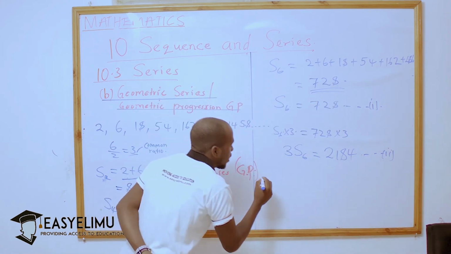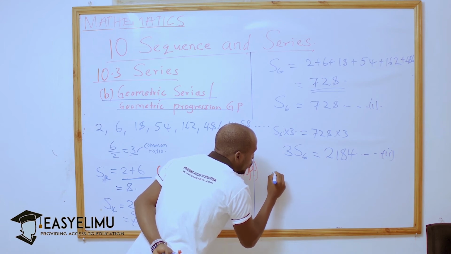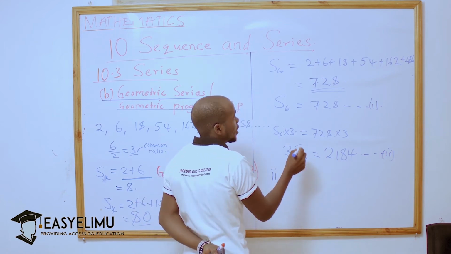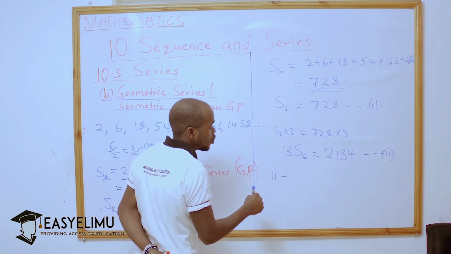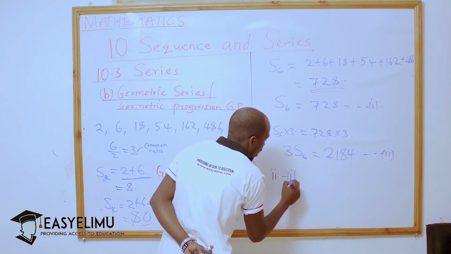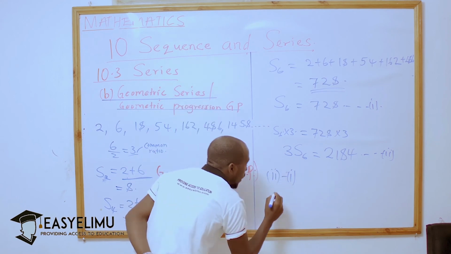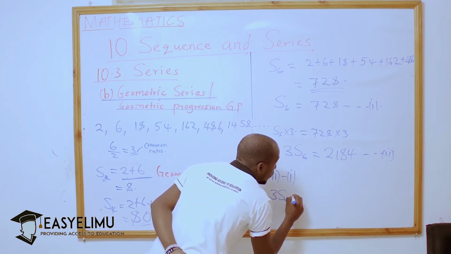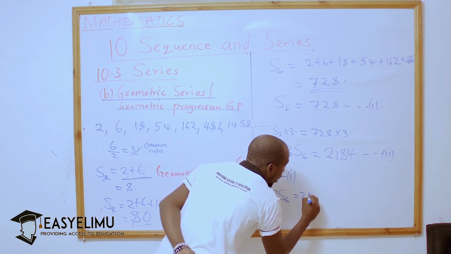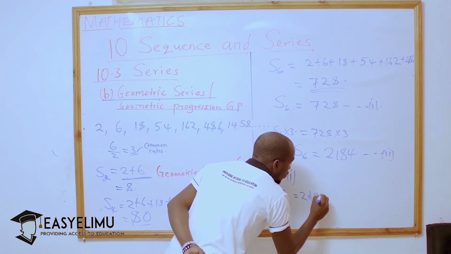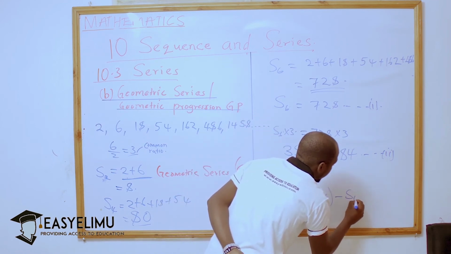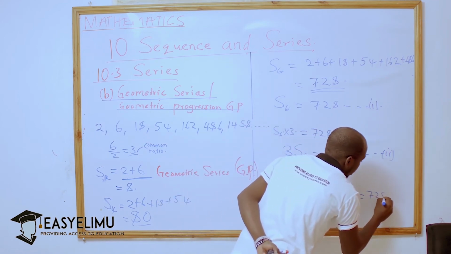After having that, let's take 3 S6 equal to 2184 as equation 2. Then we take equation 2 and subtract equation 1 from it. So we are going to have 3 S6, which is equal to 2184, minus S6, which is equal to 728.